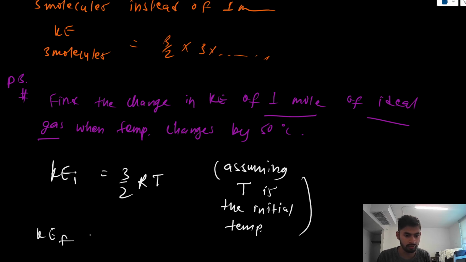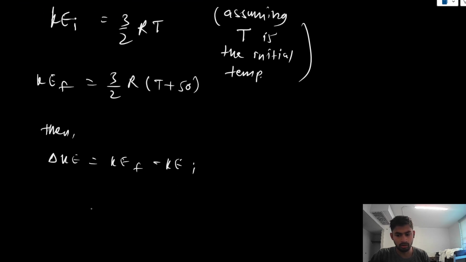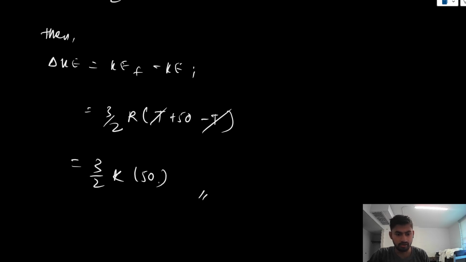Then kinetic energy final would be 3/2 R(T plus 50). Then change in kinetic energy would be KE final minus KE initial, which would be 3/2 R(T plus 50 minus T). T gets cancelled out, then 3/2 R times 50. This will be our final answer.